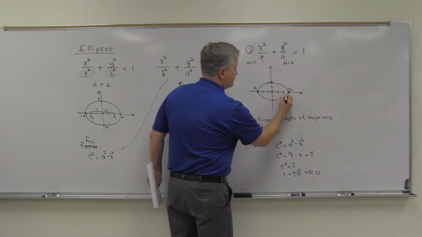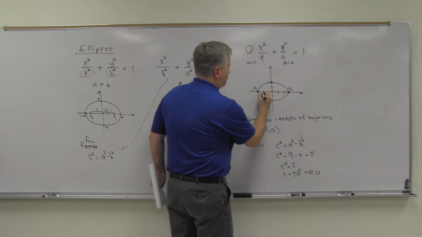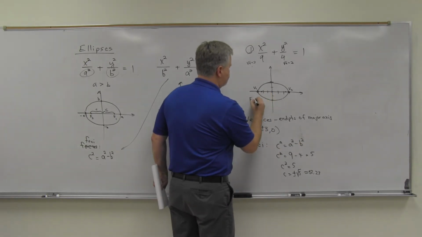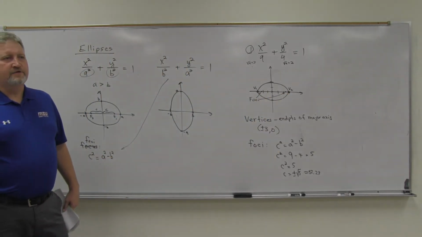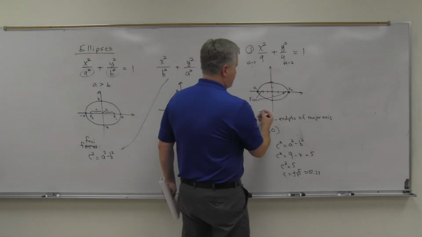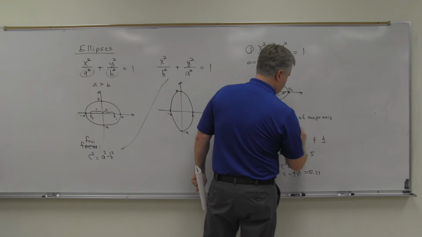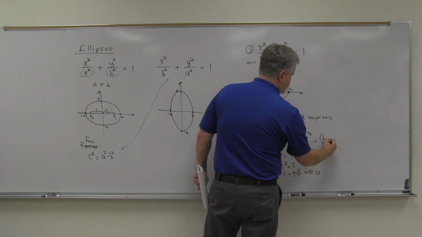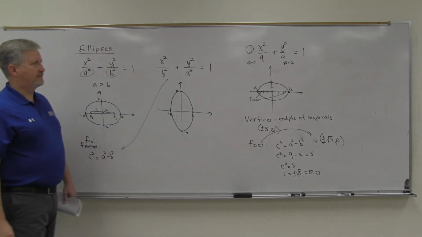So 1, 2, 0.2, and then back here. So there's my foci. Not that bad. So that would be plus or minus square root of 5, 0, or if you round it off, I'm okay with that.